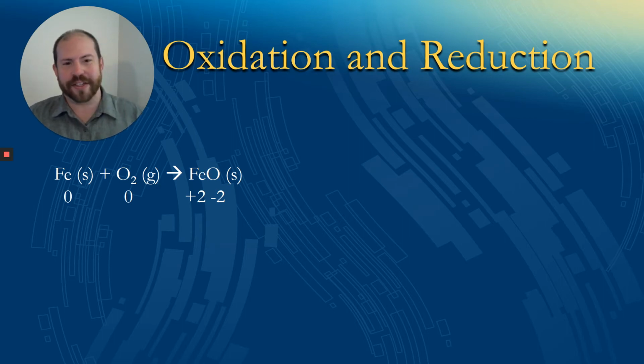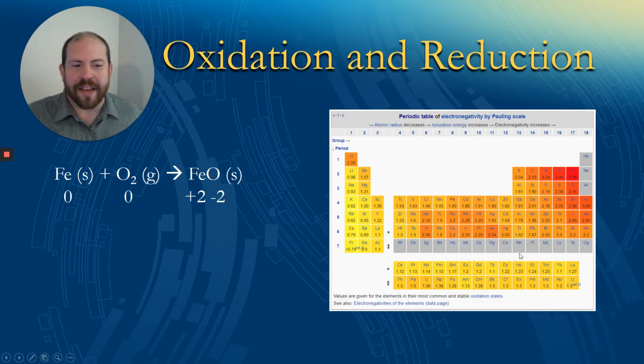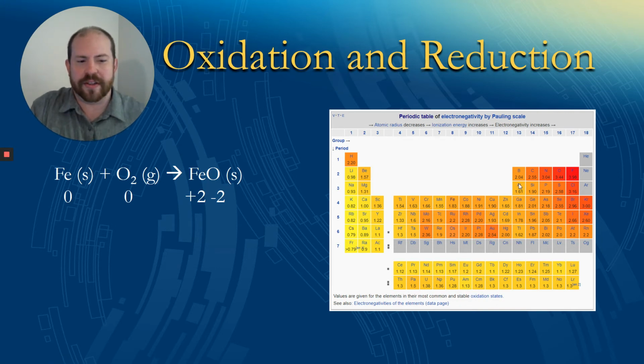The term oxidation started out from looking at reactions like this as a description of what oxygen did to things, particularly metals. Now we know a little bit more chemistry, and you know the periodic table. Oxygen sits fairly close to the upper right-hand corner of the periodic table. We know about periodic trends, and we know what this upper right corner is like. These are our elements that are the most electronegative, the most electron hoggy, the ones that most want to pull electrons to themselves in covalent bonds or to form negative ions, and therefore pull electrons away from other things.